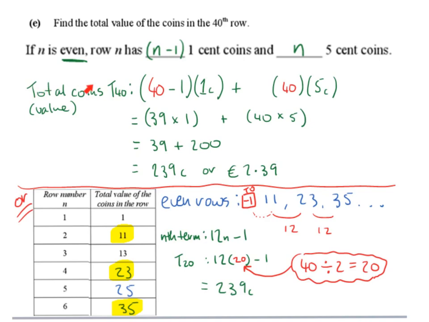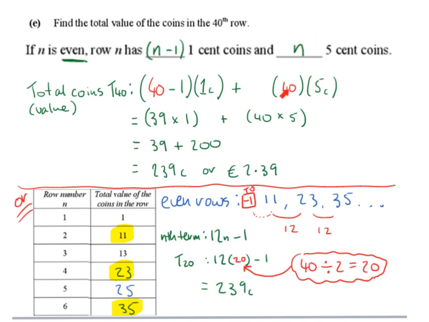So the total coins for term 40, the value of them, is going to be the number of 1-cent coins multiplied by 1 cent. So that's going to be 40 minus 1, which is 39, multiplied by 1 cent. So there's 39 1-cent coins, and 39 multiplied by 1 cent is just 39 cent. And then the number of 5-cent coins multiplied by 5 cent.